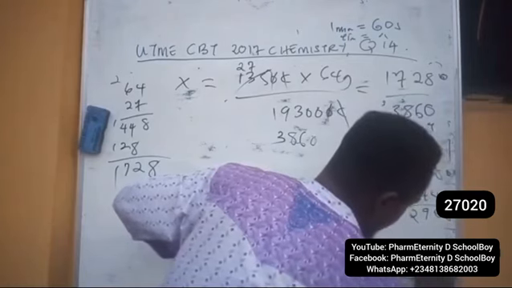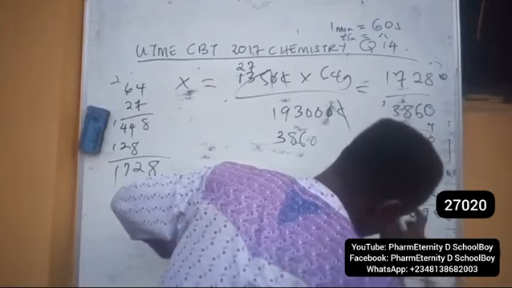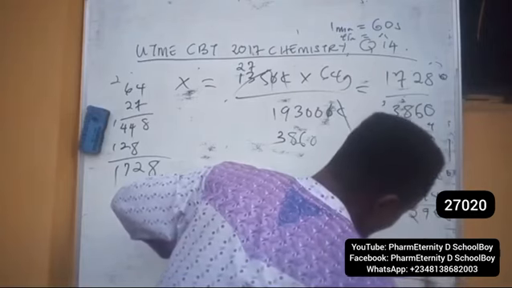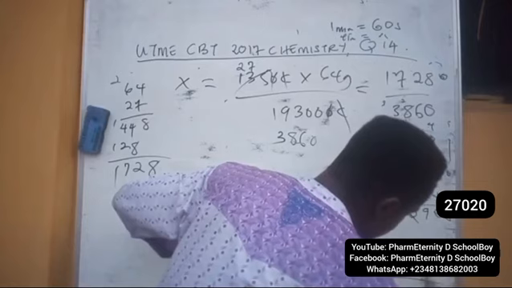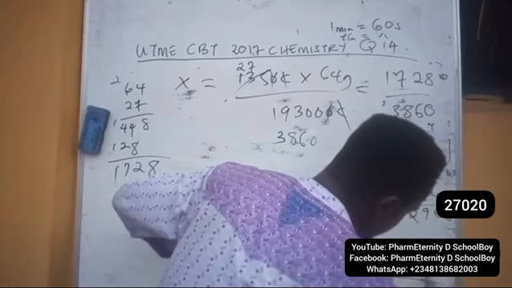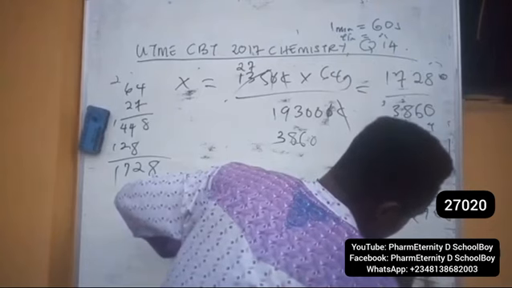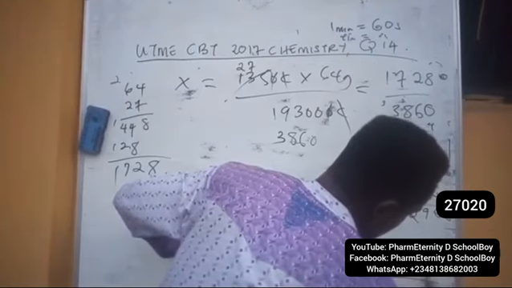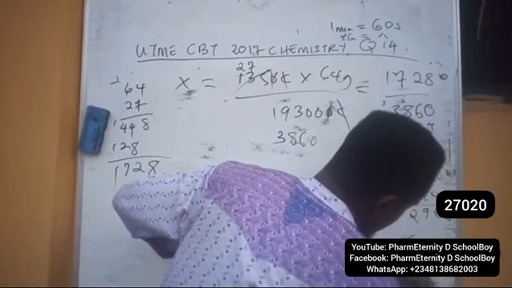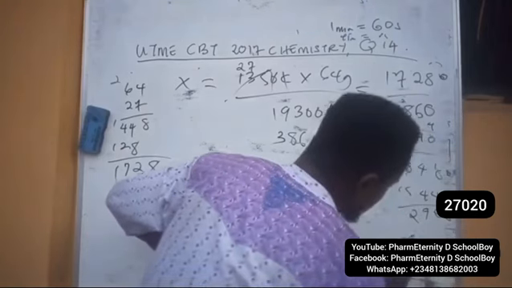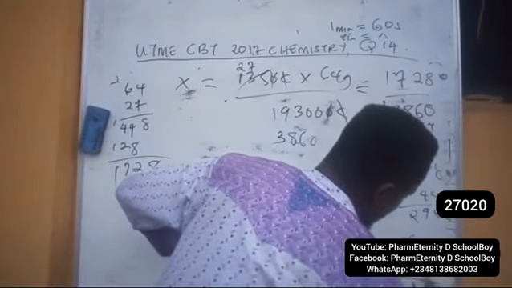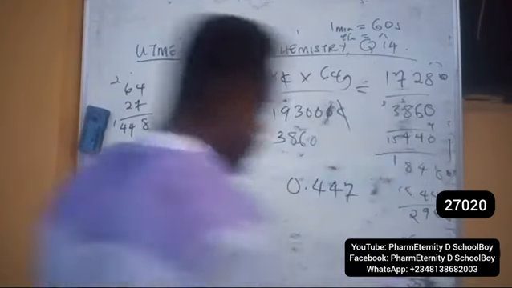You put 2, carry 4, put here. 7 times 8 is 56, plus 4 is 60. Put 0, carry 6, put here. 7 times 3 is 21. 21 plus 6 is 27.